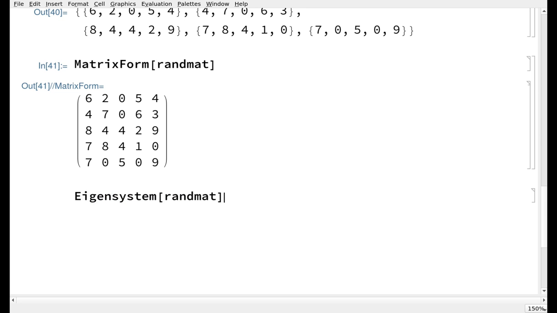You end up solving a polynomial equation, and the degree of the polynomial is the same as the size of the matrix. So we'll be solving a 5th degree polynomial, and then you're going to have 5 solutions. It's overwhelmingly likely that the 5 solutions will all be distinct from one another, but there is a small chance that there could be repeated roots, but very unlikely. Let's see.